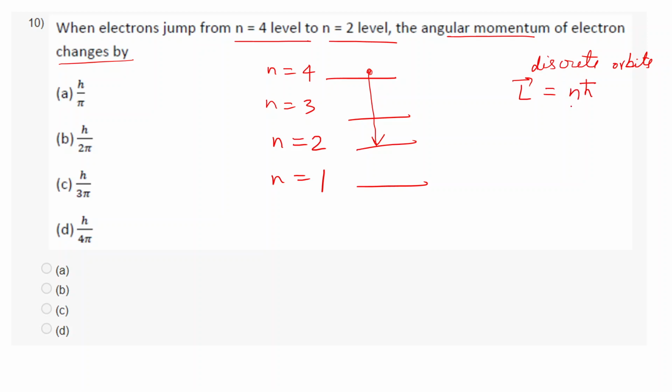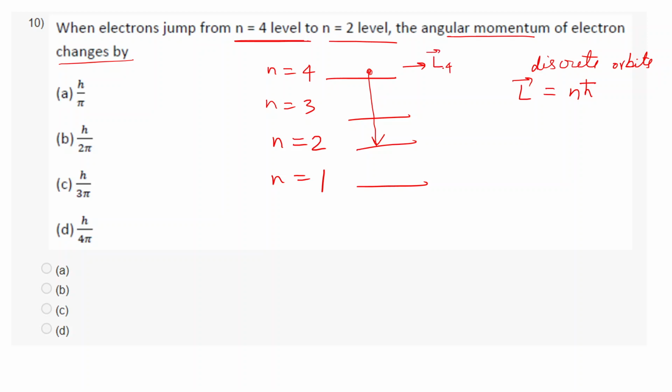So it's not like continuous energy is there. There are discrete energy levels represented by the principal quantum numbers, and the angular momentum is an integral multiple of this h bar.